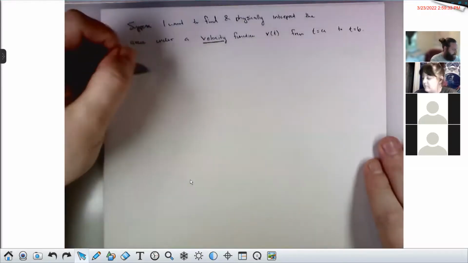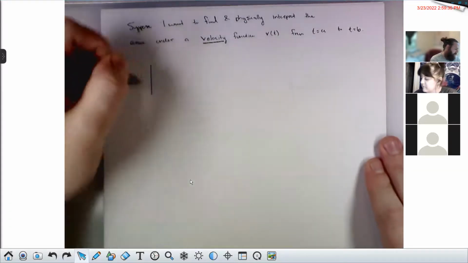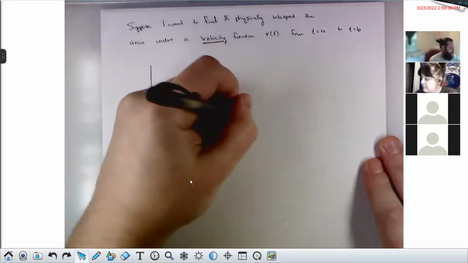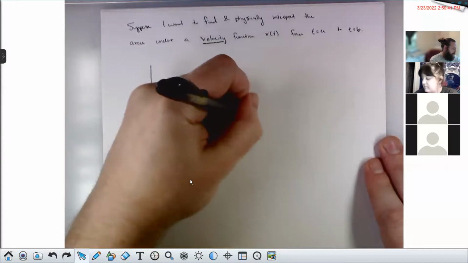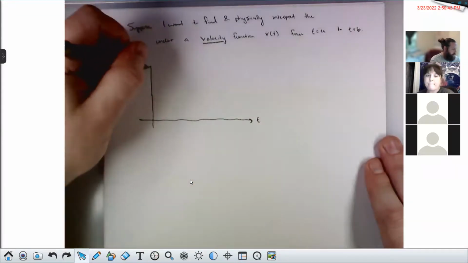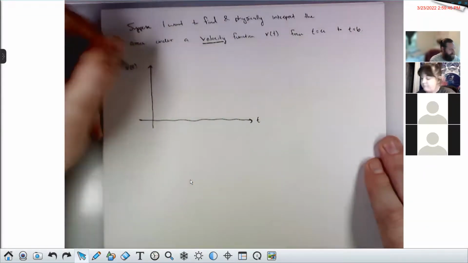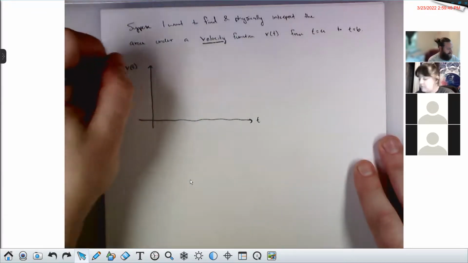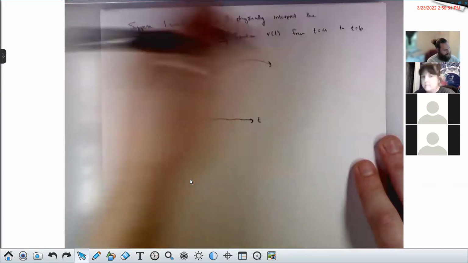Let me sketch for you just an arbitrary velocity function. And for this example, I'm going to make the function positive. There's some subtlety here when v is negative. But let's say this thing just looks like this.